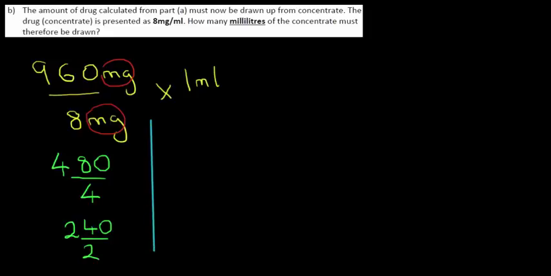And if I halve one more time, I get 120 over 1. Now the 960 over 8 is simplified right down to 120 over 1. And if I times that by 1, I hope you can see that the answer is just 120. So my answer is 120 milliliters.